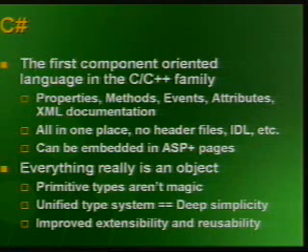C# is the first component-oriented language in the C and C++ family. And what I mean by that is, think about what you do when you write components. You use concepts such as properties, methods, events, attributes, or things that describe how this component hosts in various environments. You have documentation.